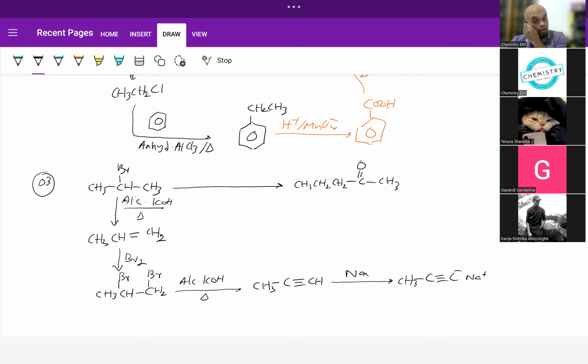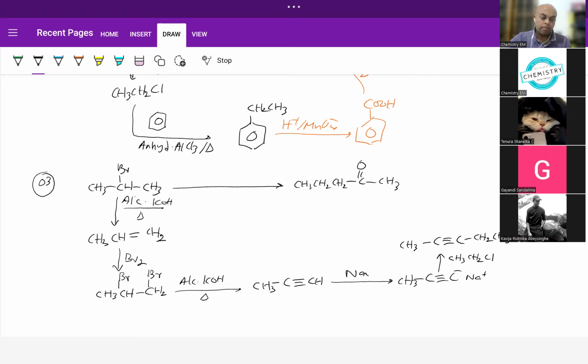Then I'm adding an alkyl halide to this one, right? Which has 2 carbon atoms, because I need 2 carbon atoms here. Then I'm adding CH3C triple bond C. Here I need this one, CH3, CH2, Cl, then CH2, CH3 will be there, right?